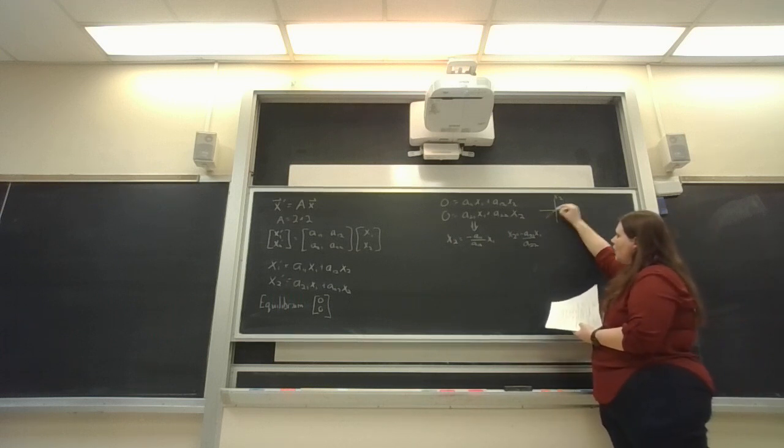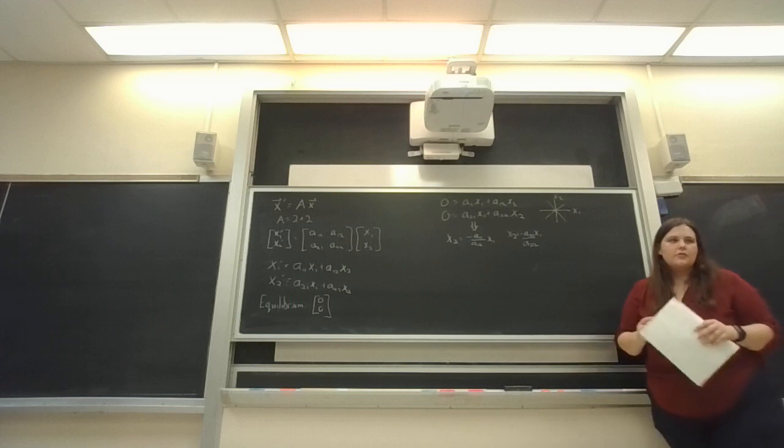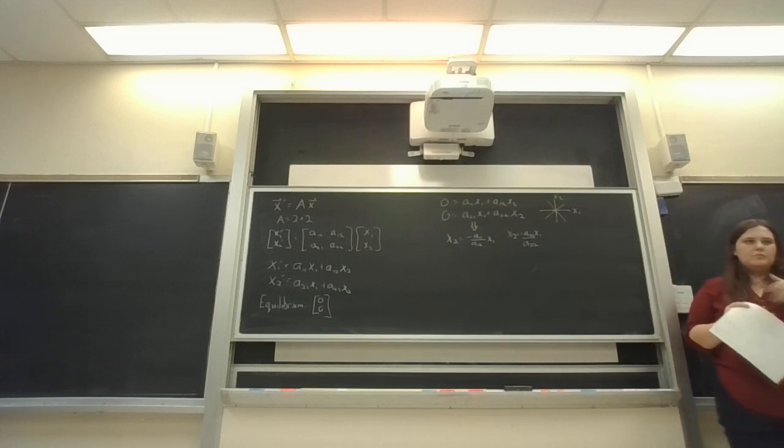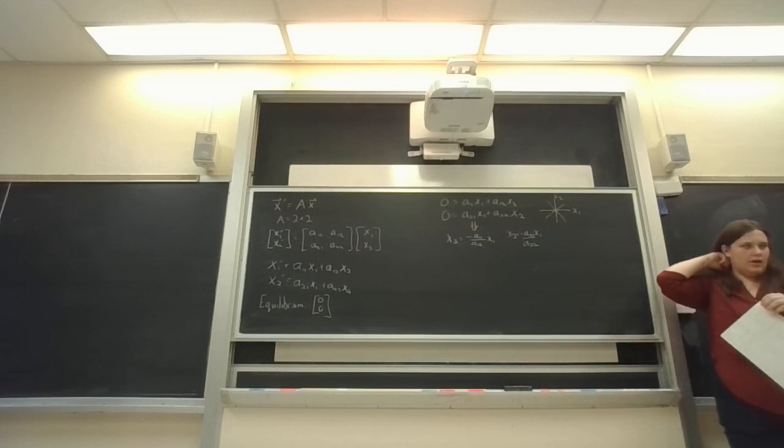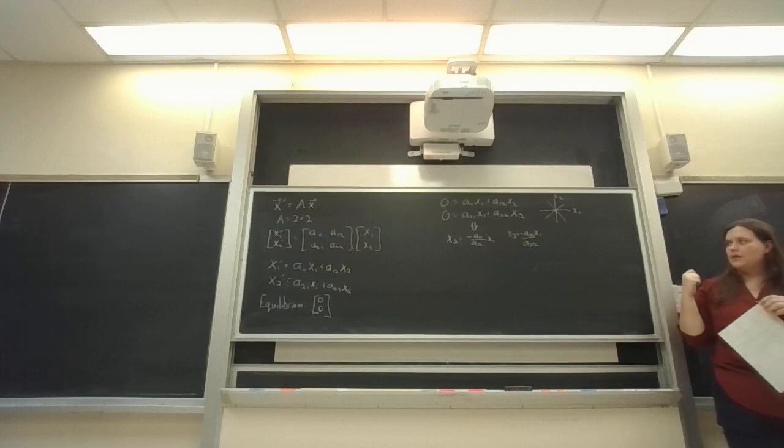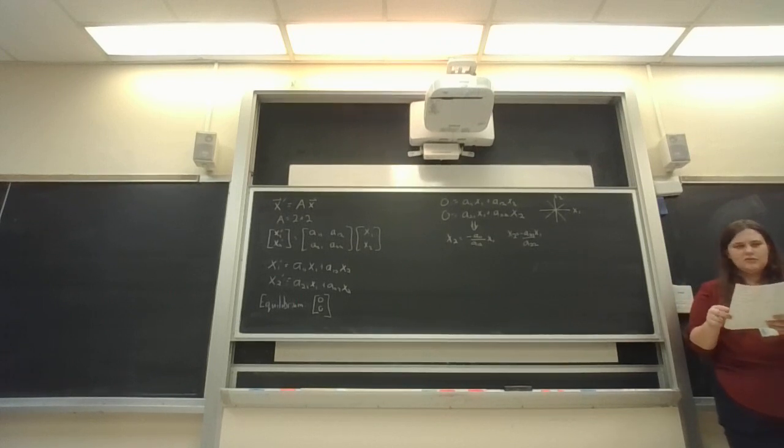So these are both lines, and the only place they are going to intersect is the origin, because they both have an x2 intercept of 0. Have I convinced you, Sarah? Okay, that's fine. It was a great question.